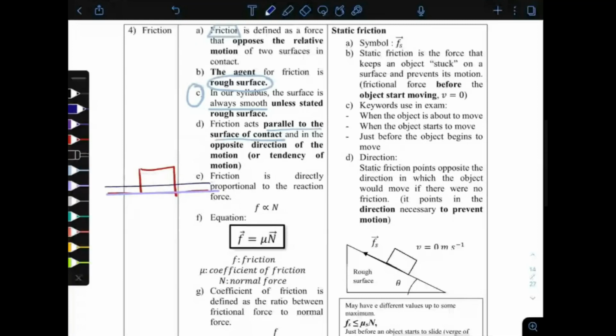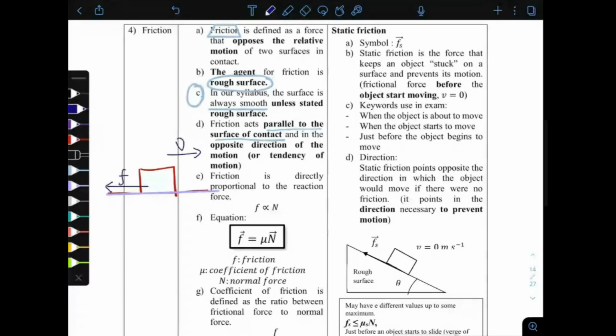And then, friction acts parallel to the surface of contact dan in the opposite direction of the motion. So, kalaulah objek kamu tengah bergerak ke kanan, this is the direction of your object moving to the right, maka friction kamu akan auto jadi yang parallel tadi itu akan ke kiri, in the left direction.